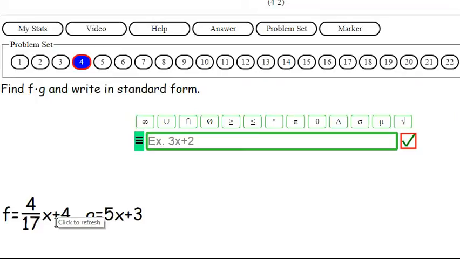So let's go ahead and write this down. So this is 4.2. Alright, so we have f is equal to 4/17 x plus 4, and then g is equal to 5x plus 3.